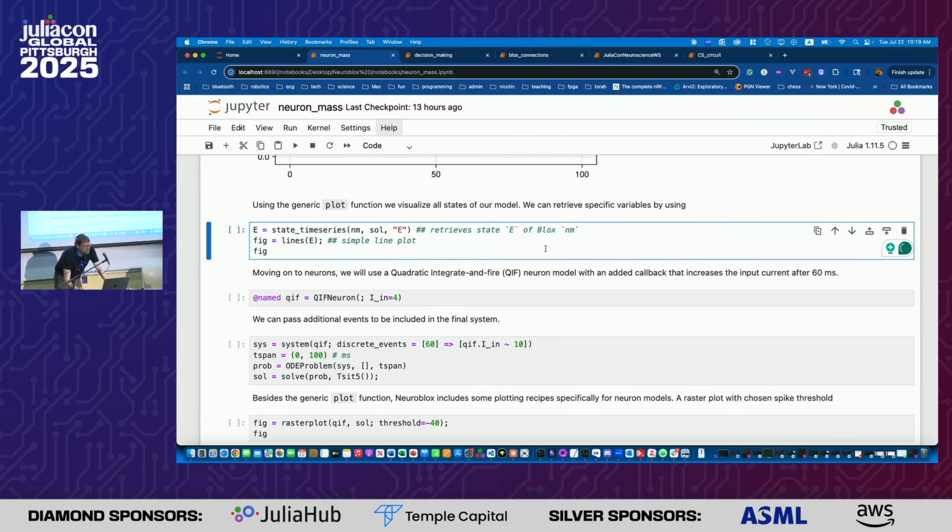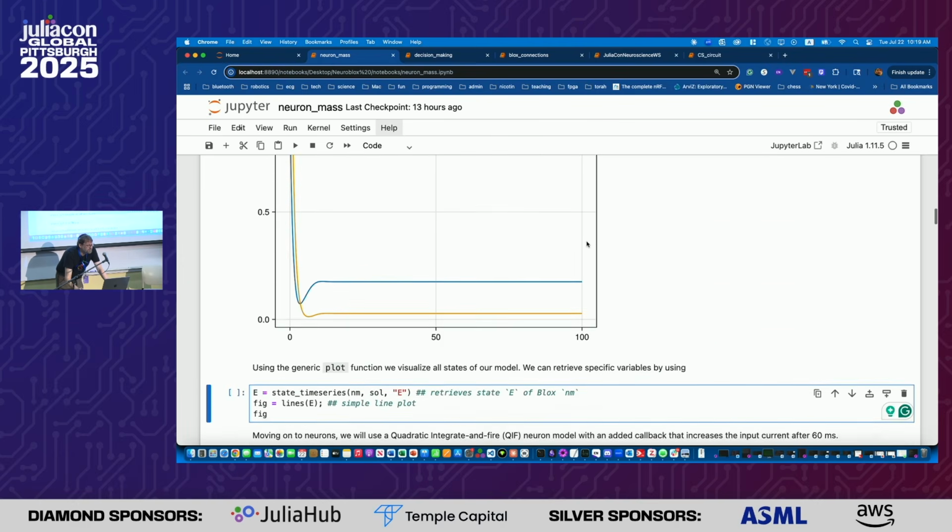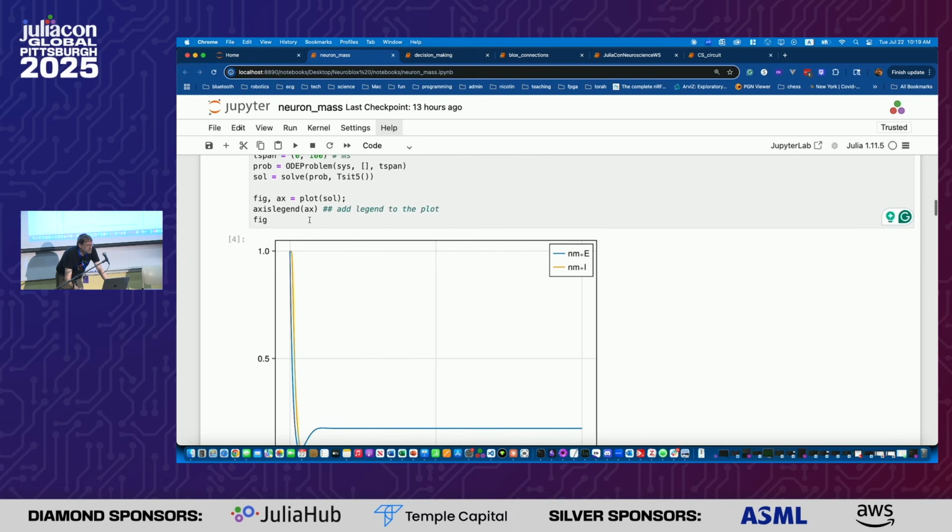So then what I'm going to show you here are the convenience functions that we created. If you have a solution, the solution object of DifferentialEquations is actually quite complicated. It has all the names of the variables. You can index the variables and so on. It's quite complicated to access every individual connection.